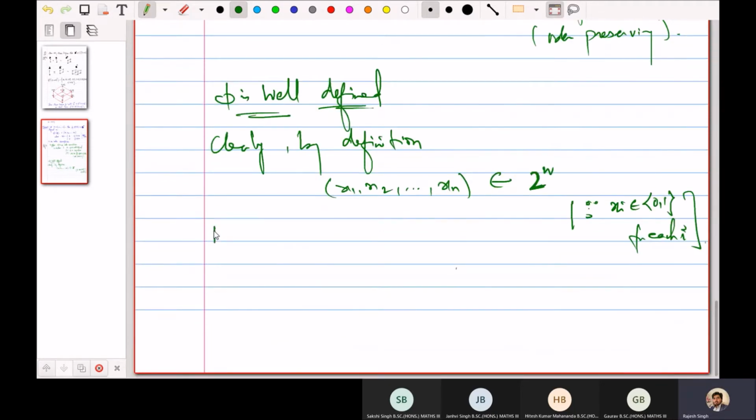Now next, we have to show it is well defined. We have shown the element belongs to the codomain.